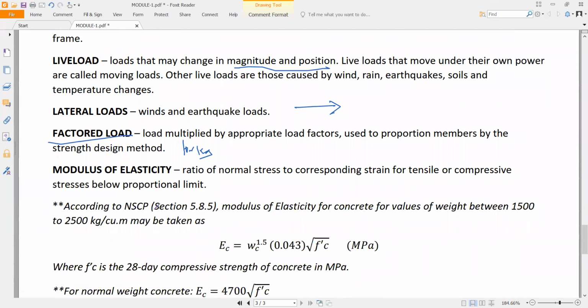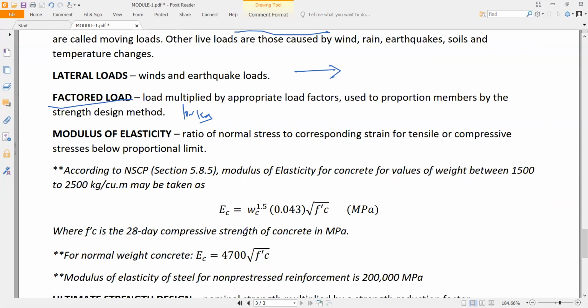Modulus of elasticity, ito yung ratio ng stress to strain. Diba? That is modulus of elasticity. Meron tayong tensile stresses and compressive stresses. So for concrete, ito yung formula for the modulus of elasticity.